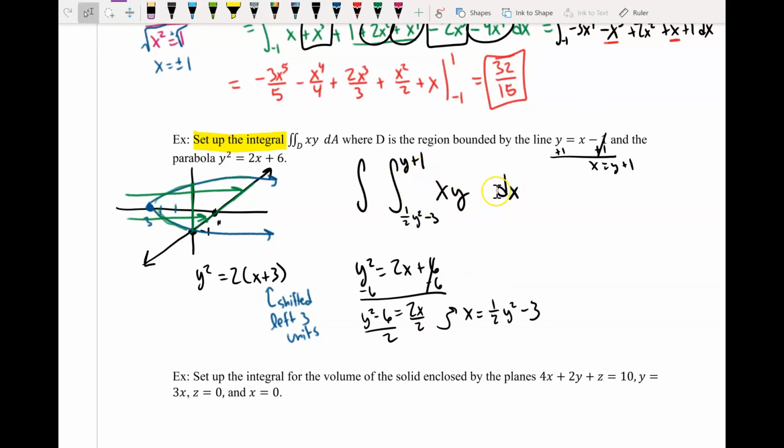And now finally, we got our x's, now we just got to get our y's. Unfortunately, we don't know where they intersect, but that's pretty easy. Let's just set them equal to each other. Remember, we're looking for y. So y plus 1 is equal to 1/2 y squared minus 3. What I'm going to do is minus the 1 and minus the y.